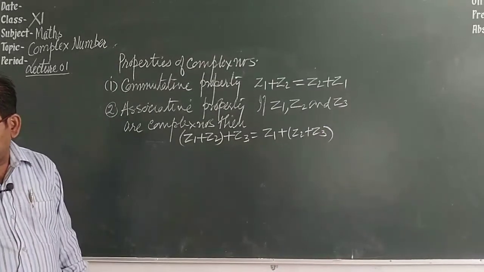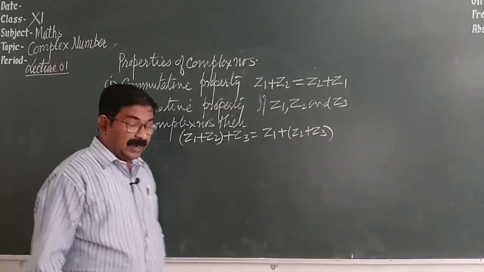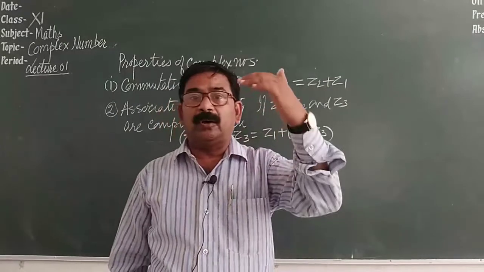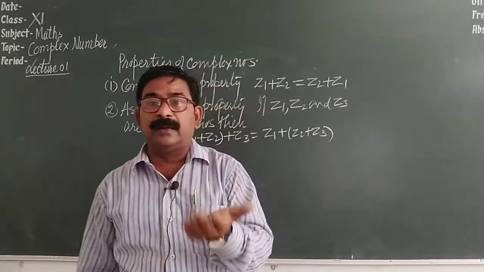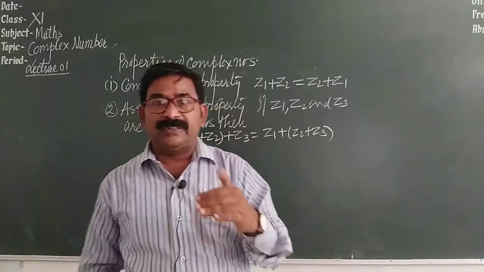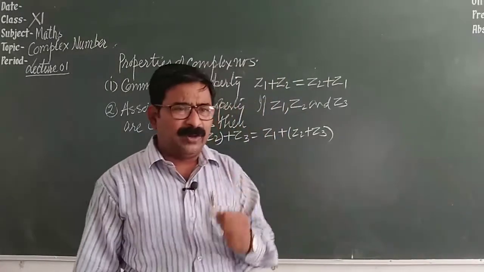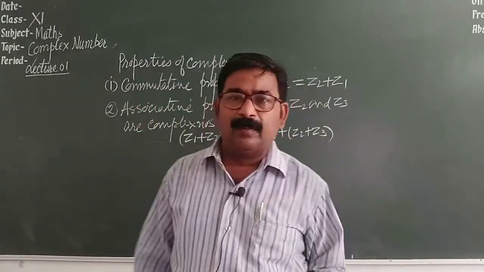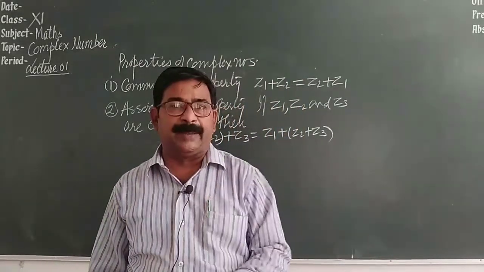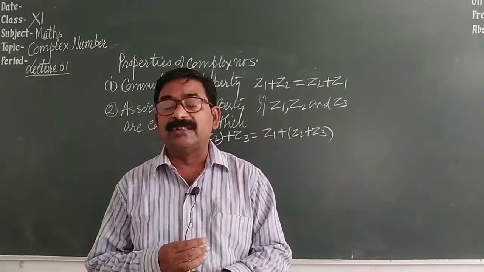Now additive identity. Additive identity means an identity which is added to the complex number and the result remains the same. So try to understand, if you add another number to any number, the result will never be the same, except 0.